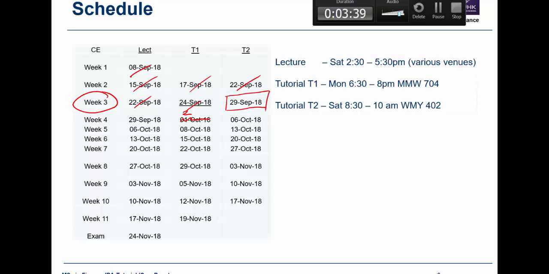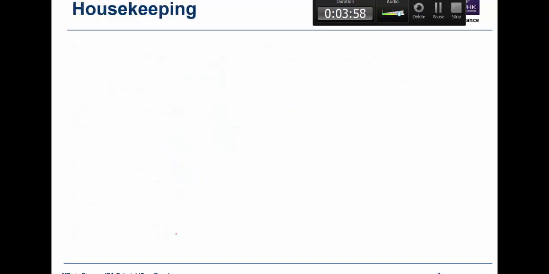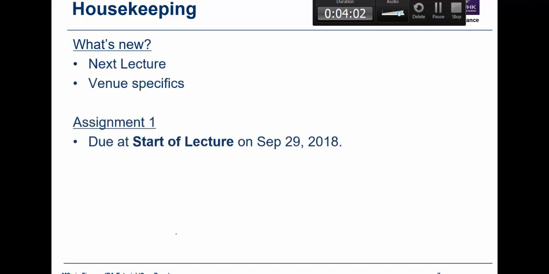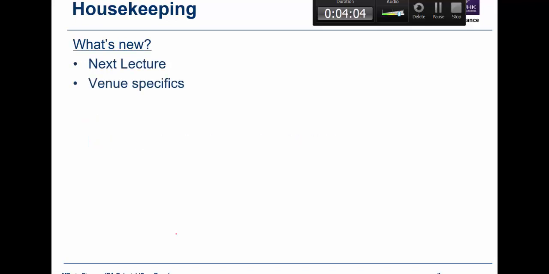Just a reminder that the exam is scheduled for the afternoon of November 24, starting at the usual time when the lecture normally starts. So next lecture is obviously in the afternoon.